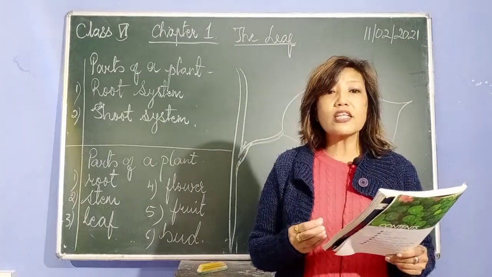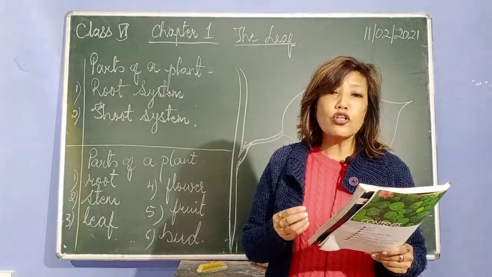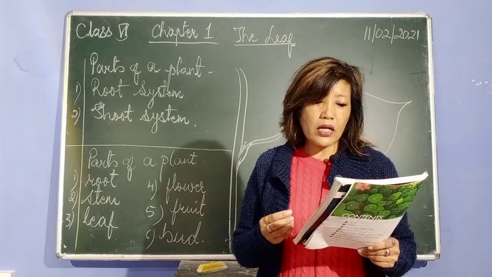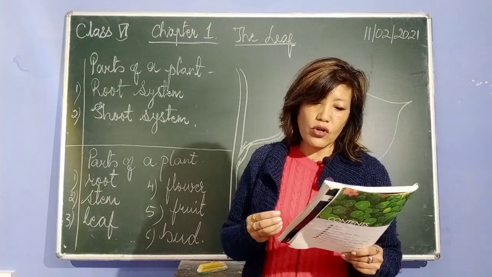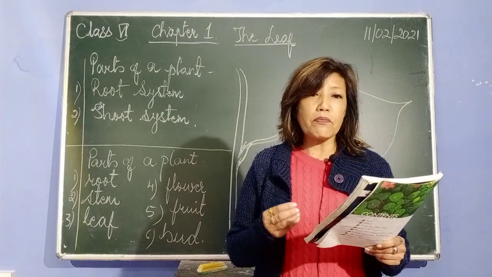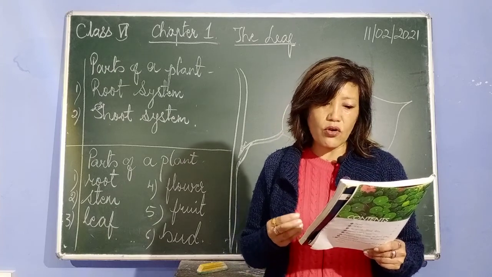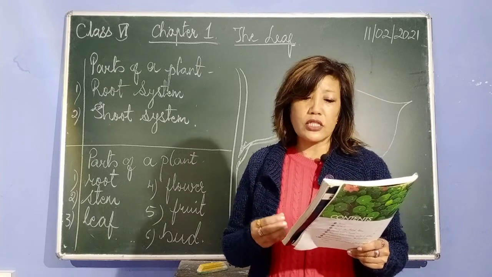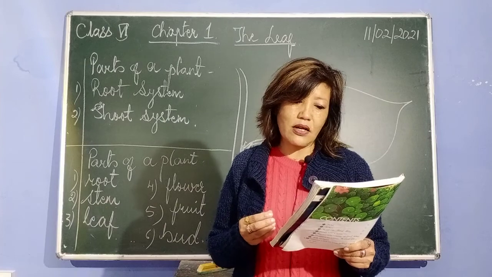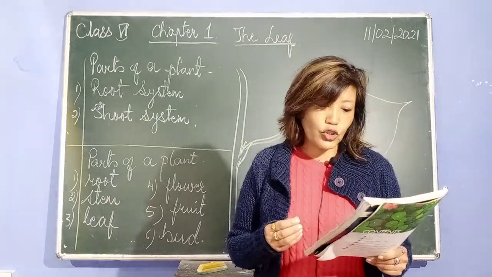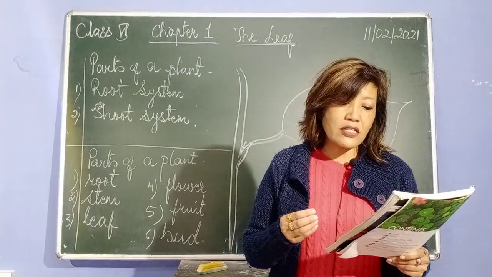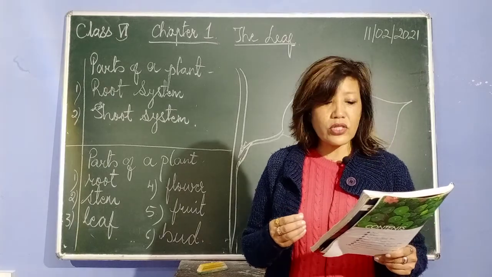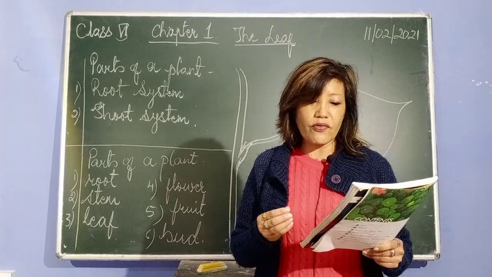But all these plants consist of two parts. The part above the ground is called the shoot system, and the part below the ground is called the root system. The shoot system consists of the stem, branches, leaves, flowers, and fruits, and the root system consists of the roots.